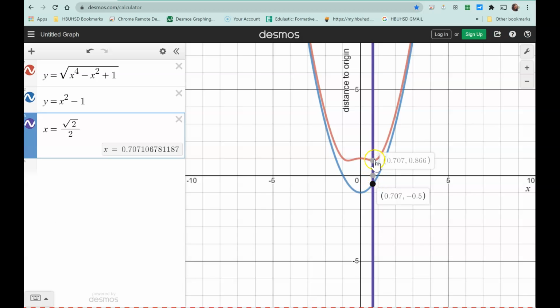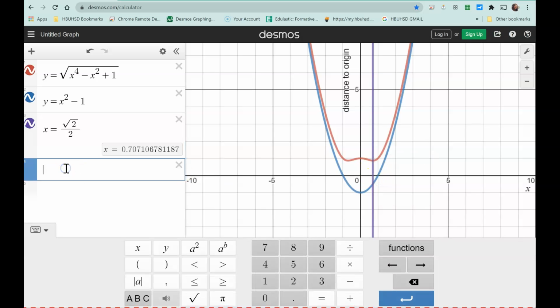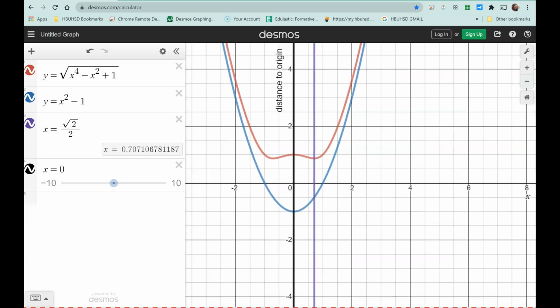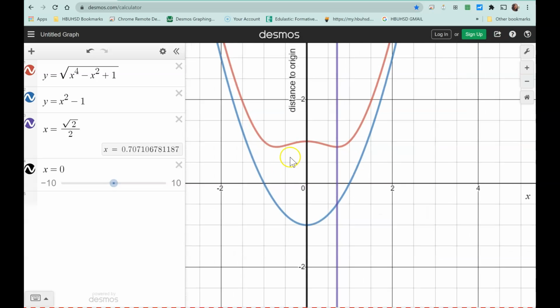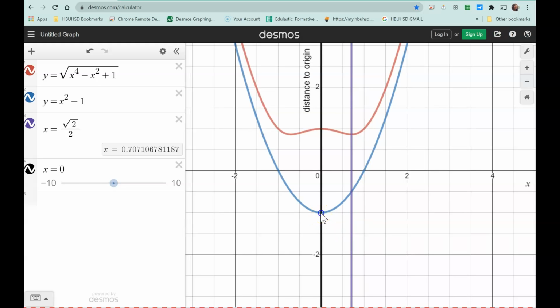Let's look at what the distance is. The red is the distance formula. So the distance is 0.866, which is rad 3 over 2. So you can see that's the distance. Okay, so what if we go, when x equals 0. When x equals 0, on the blue, remember the blue is the parabola, from this blue curve to this origin, that should be 1 unit long.